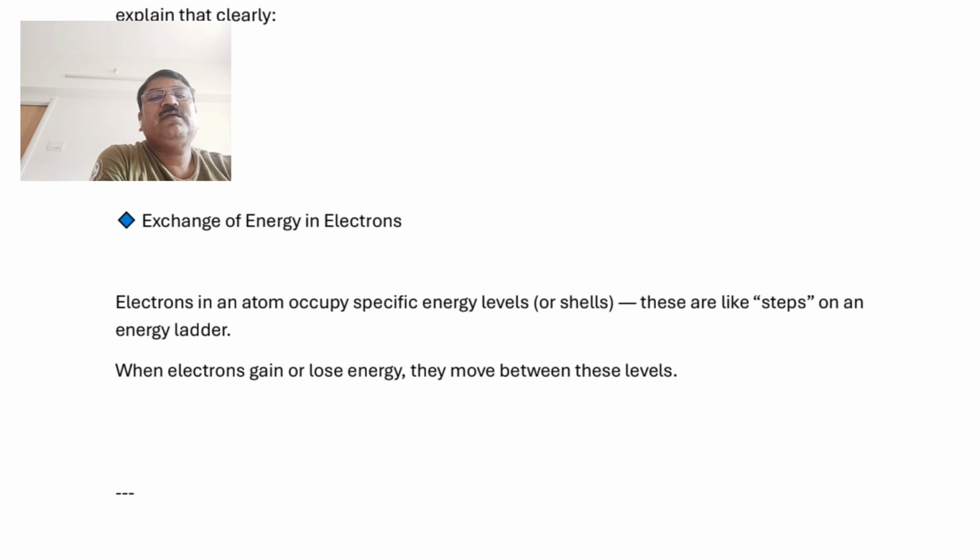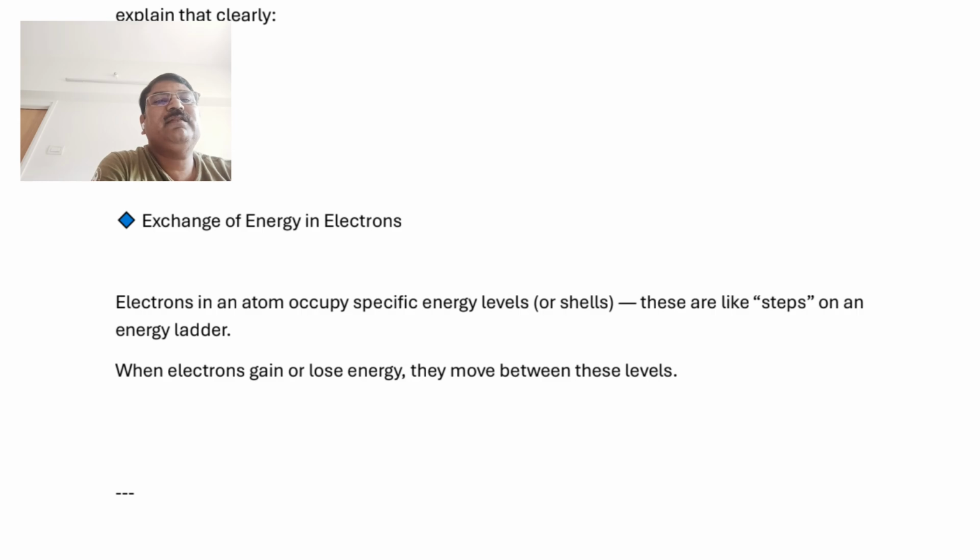Now, whenever the electrons are present in a specific energy level or shells, that is S, P, D and F, all these are step-like. The first step, the ground step, is which energy level? That is the S orbital energy level.